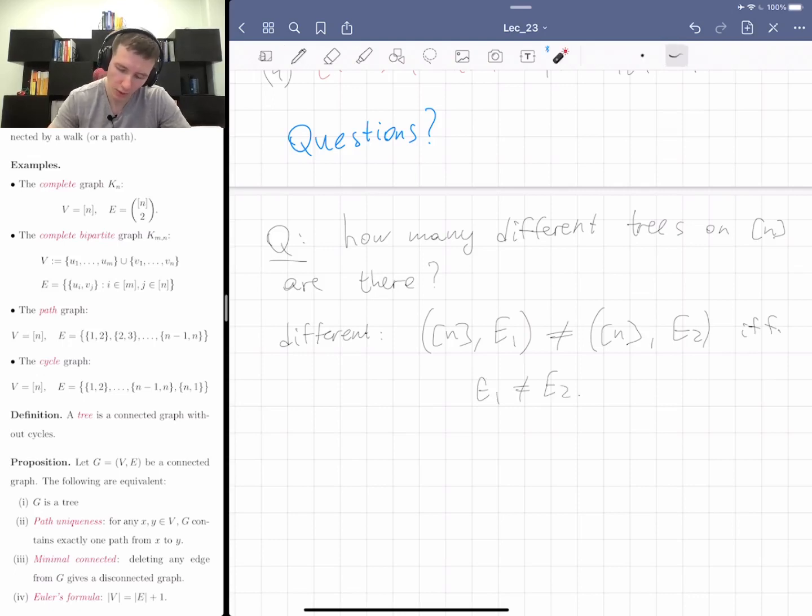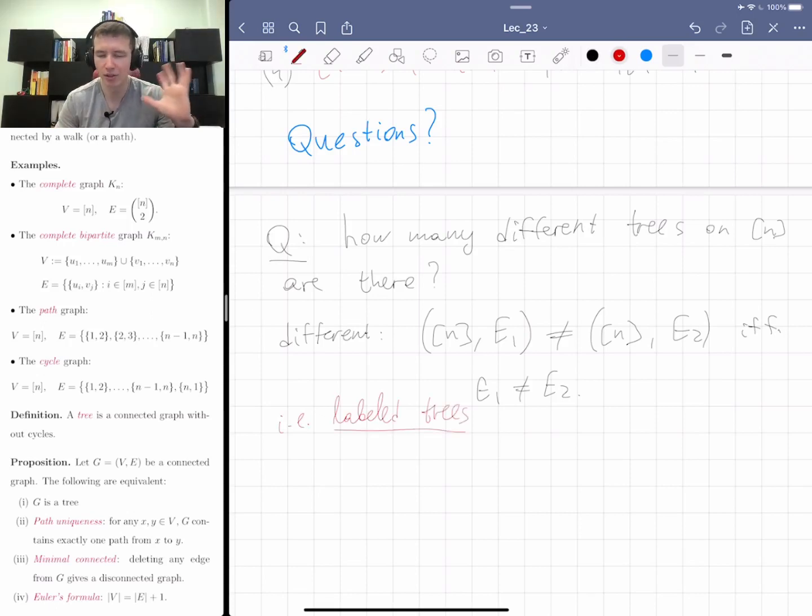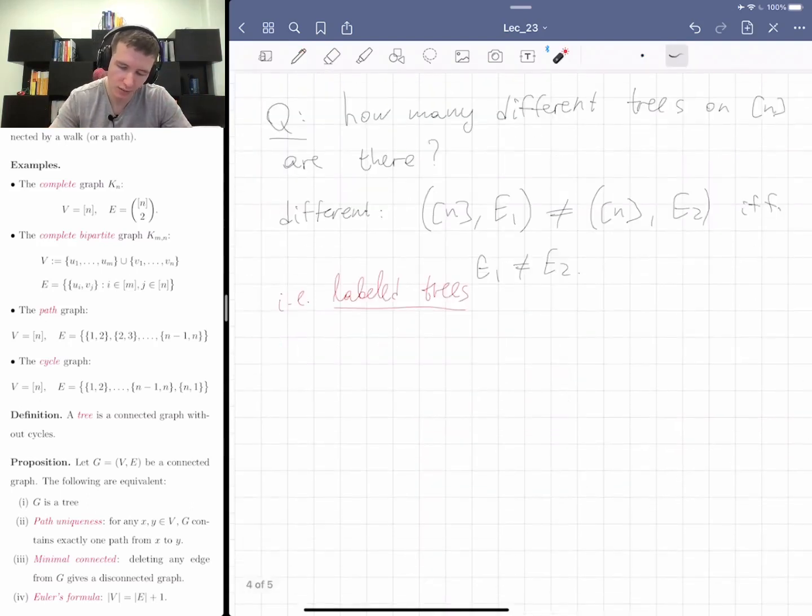So, in other words, I'm talking about labeled trees. As opposed to isomorphic, which I'm going to discuss next time. Today I'm only talking about labeled trees. They should be different.